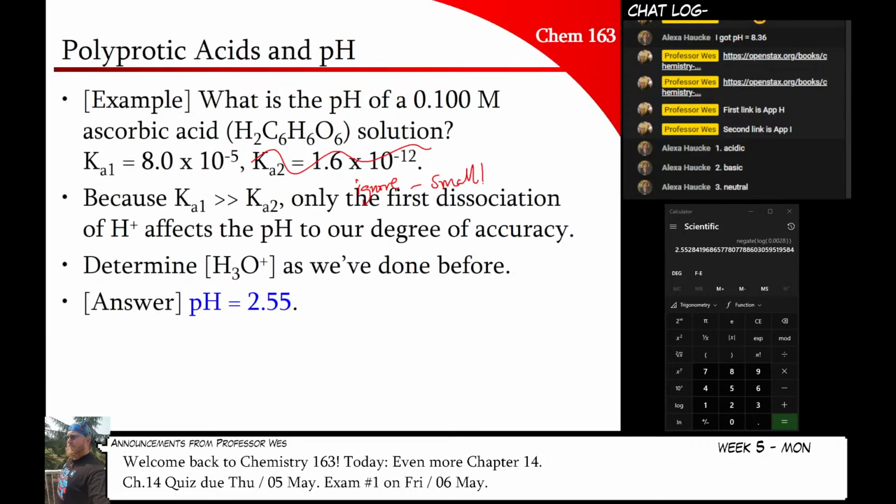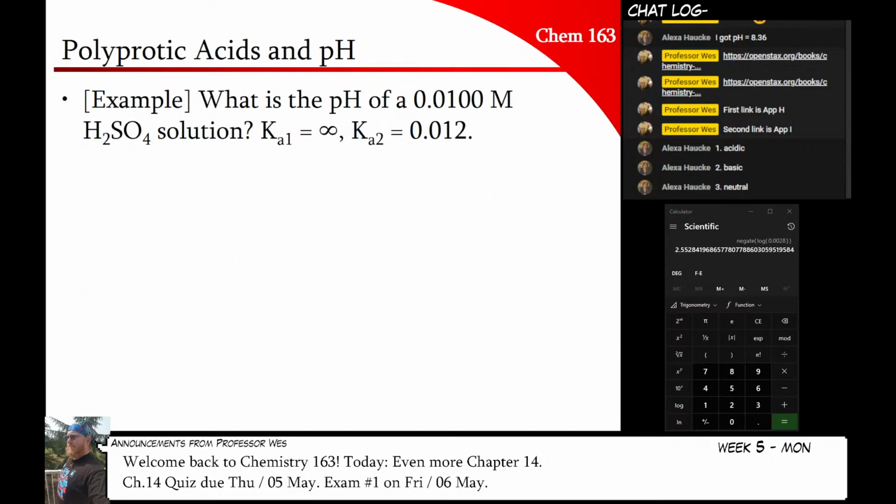Oops, we're not on the right screen, so I just want to put that up there. And I think in the next few slides, what we're actually going to do is calculate how much H3O plus comes from the second dissociation. Is it the next slide? I don't know. It's definitely one of the slides coming up. All right.